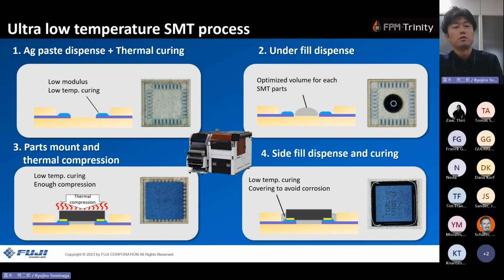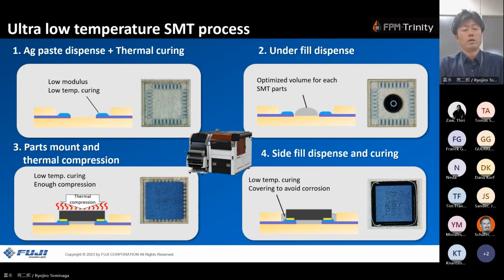This silver paste has low modulus properties. After the curing with a low modulus silver paste, we put the underfill material at the central position of the parts mount area. And after the pick and placement of the component, we cure with pressure, like a thermal compression bonding process.